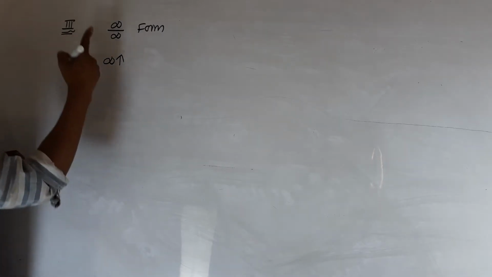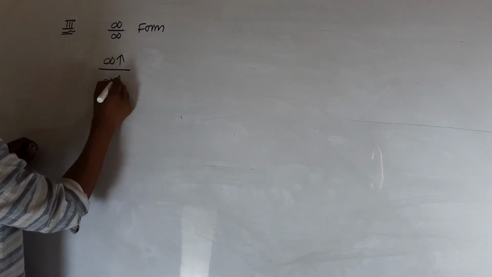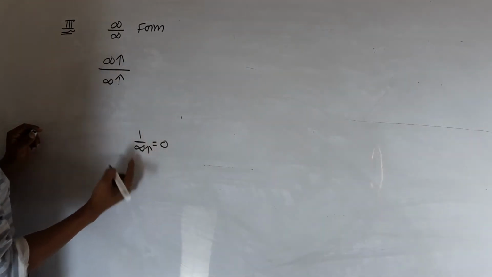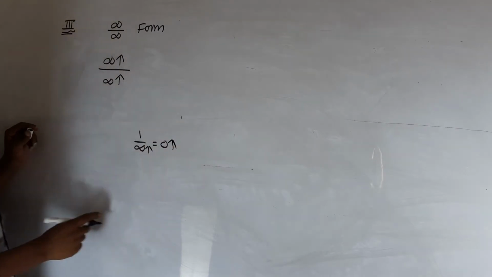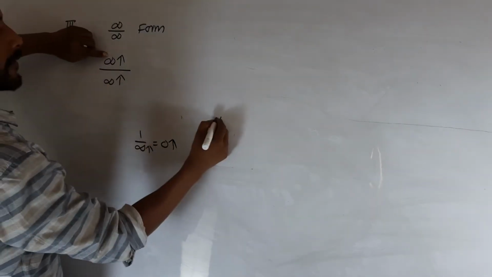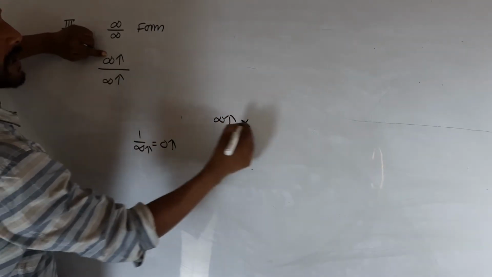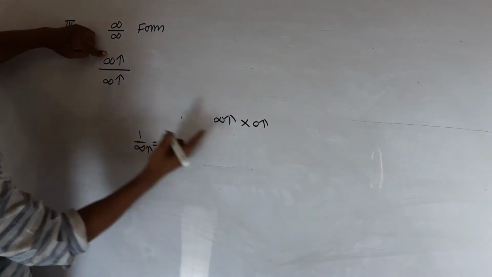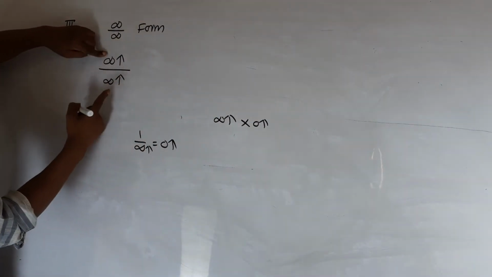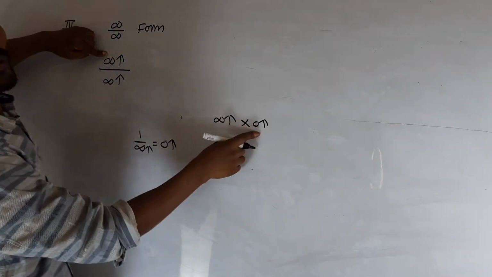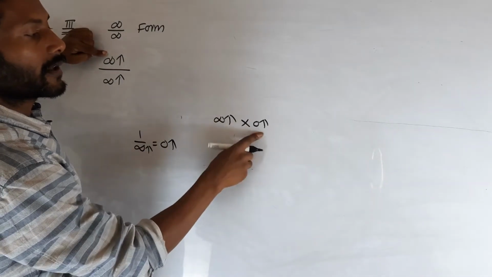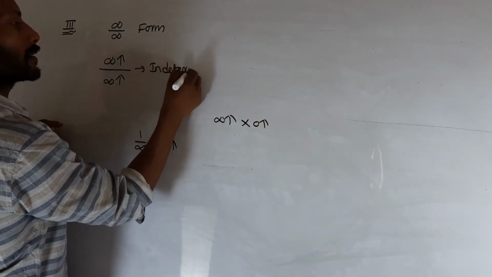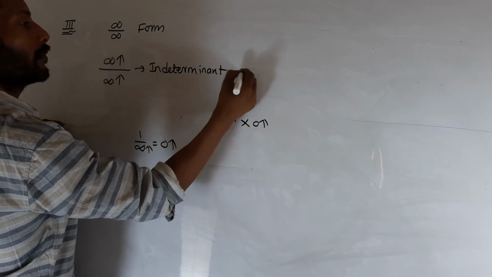Numerator approaches infinity, denominator approaches infinity. 1 by infinity approaches 0, as we already said. So infinity into 1 by infinity, where 1 by infinity approaches 0, is an indeterminate form.